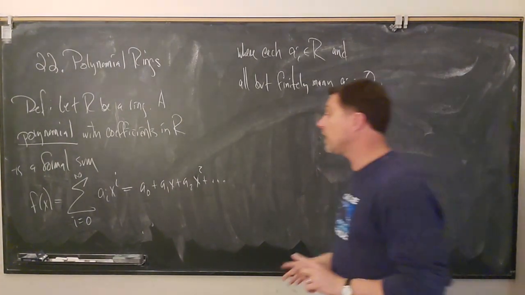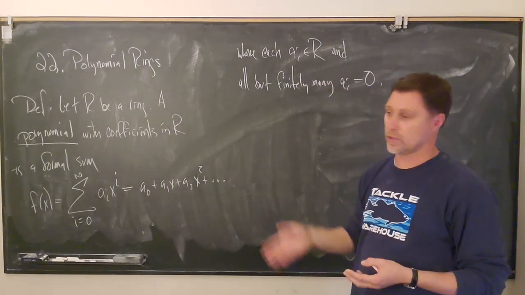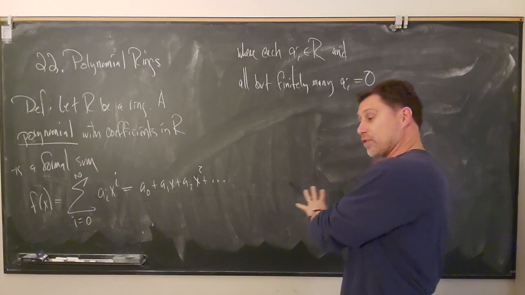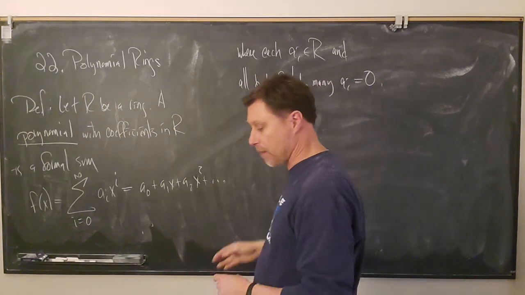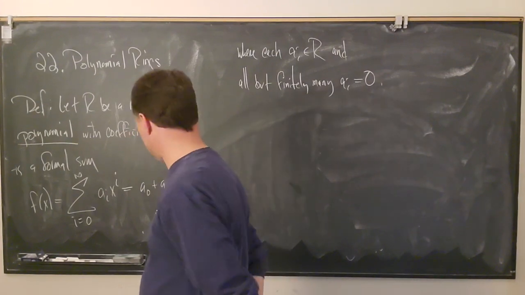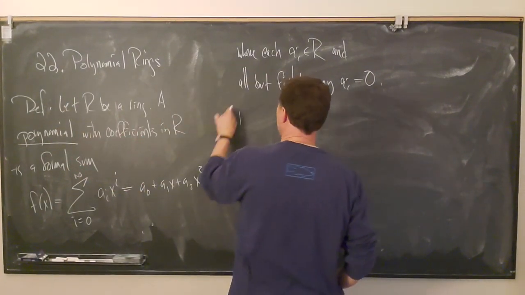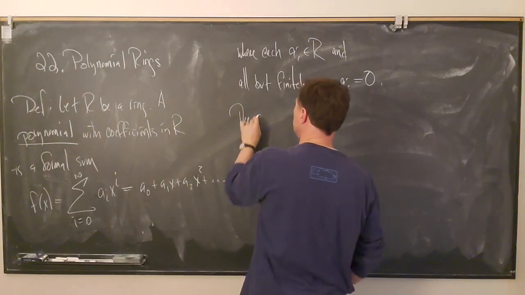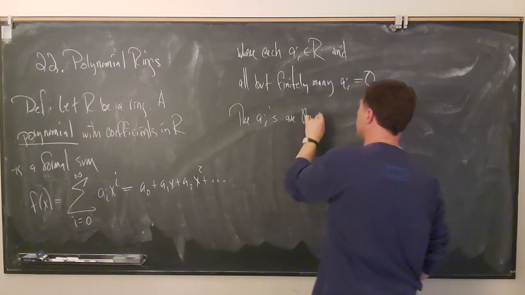But we only allow finitely many of the a sub i's to be non-zero. So this does stop at some point, and after that, it's all zeros forever. So it's not a power series. It really does stop at some a sub n x raised to the n. The a sub i's are the coefficients.